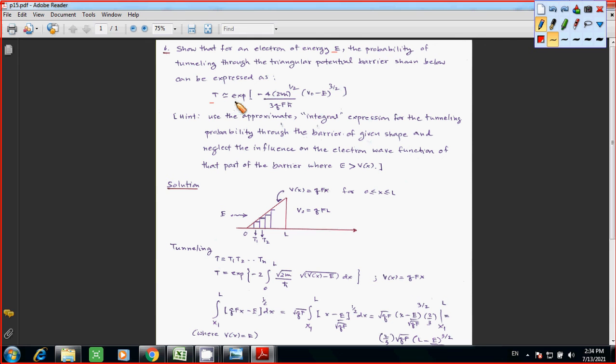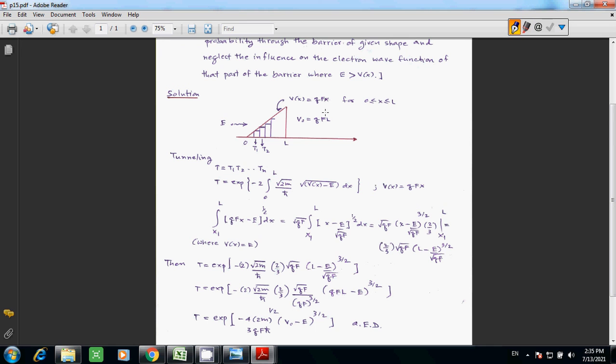They want you to verify or derive the equation for the probability of tunneling. Hint: use the approximate integral expression for tunneling probability through a barrier of the given shape and neglect the influence on the electron wave function of that part of the barrier where E is greater than Vx.